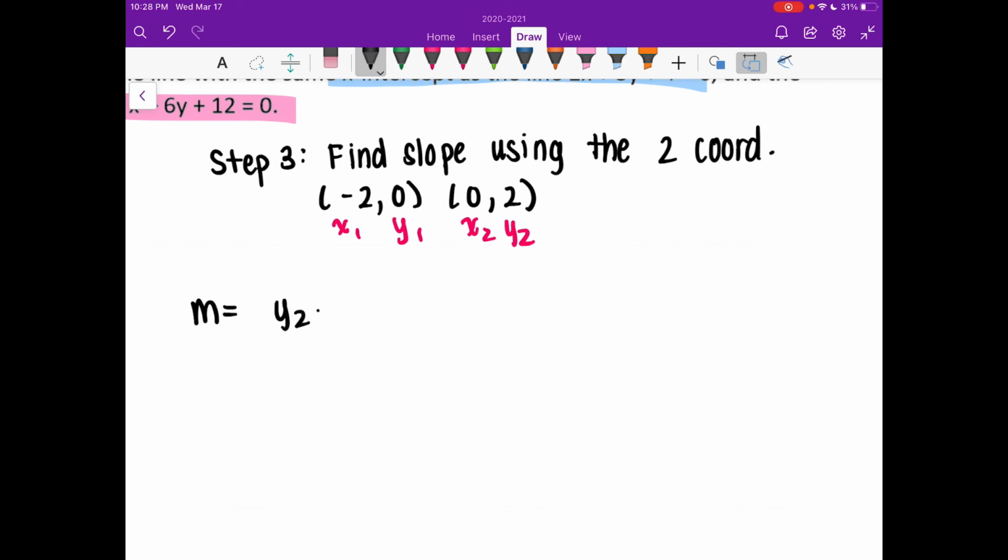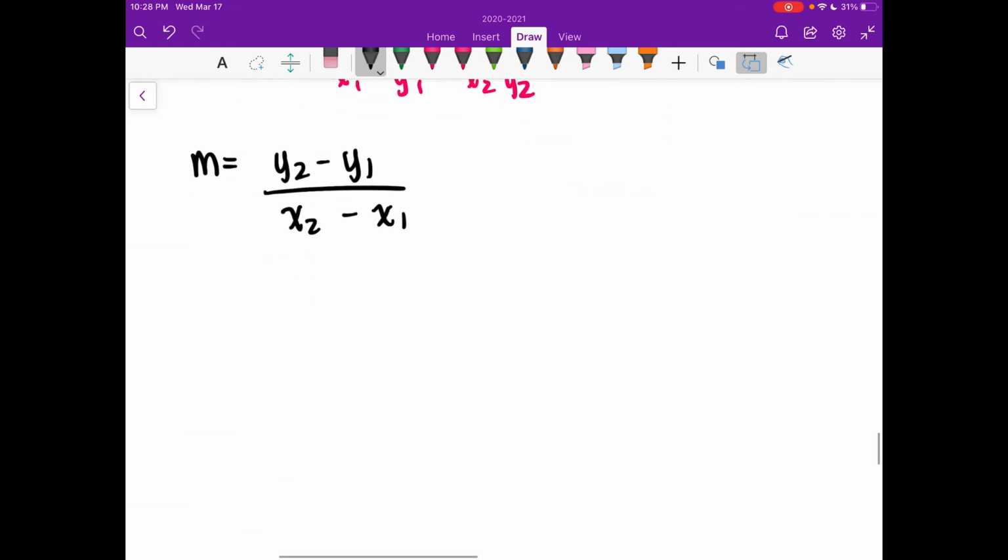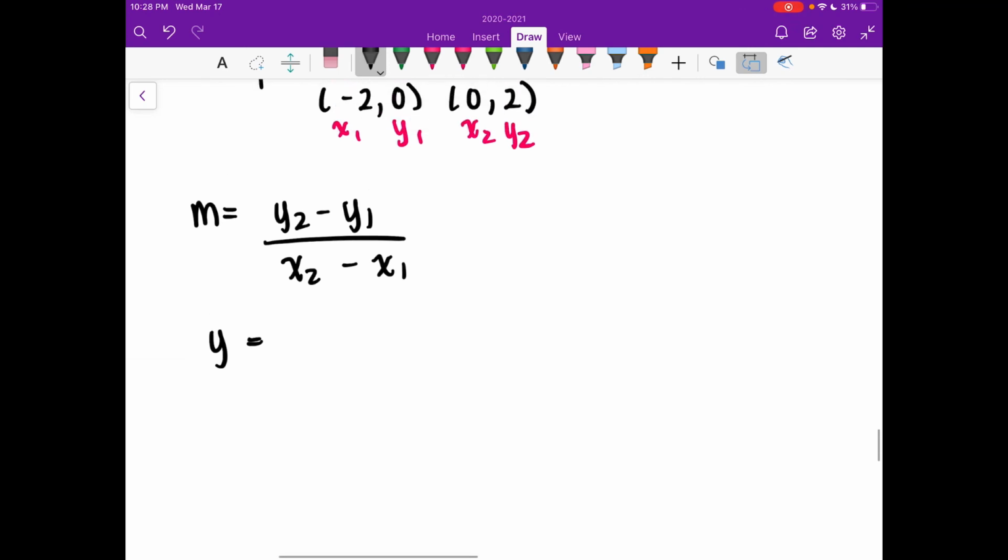So y2 minus y1 over x2 minus x1, which is y2, which we said was 2, minus y1, which is 0, over x2, which is 0, minus negative 2.